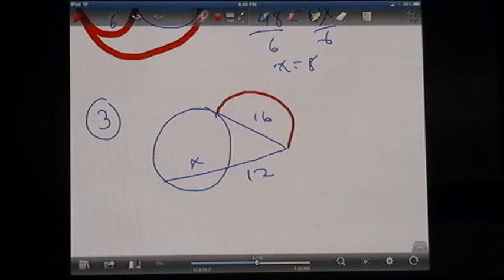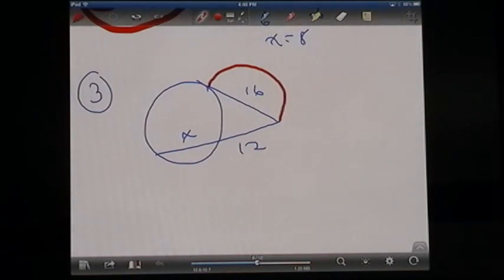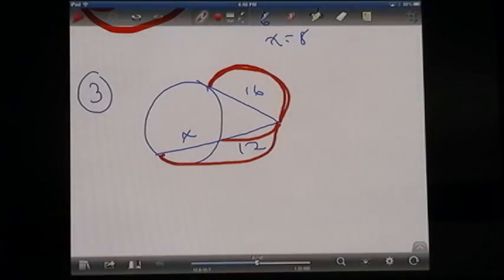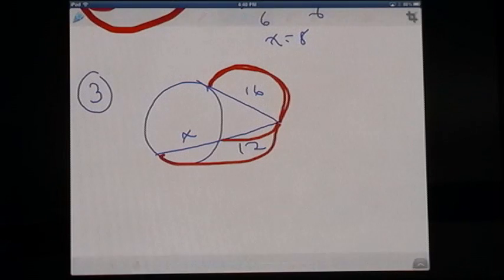And so the segments of tangents and secants says the part times the whole is equal to the tangent squared, or the part times the whole again. It's the same thing.